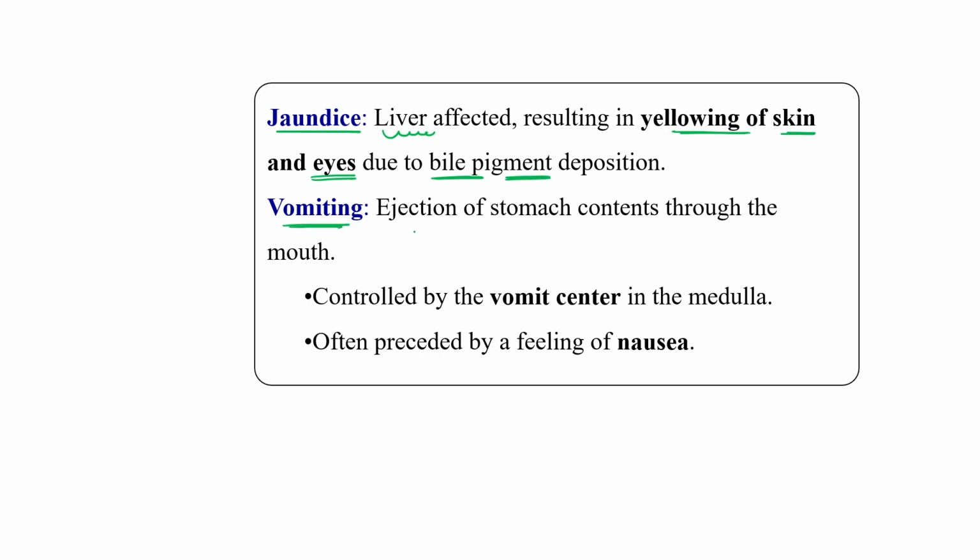Vomiting is the ejection of stomach content through the mouth, which is controlled by the vomiting center present in the medulla region of our brain. Often this is preceded by a feeling of nausea. If someone is feeling nausea, the vomiting center gets activated and vomiting occurs.